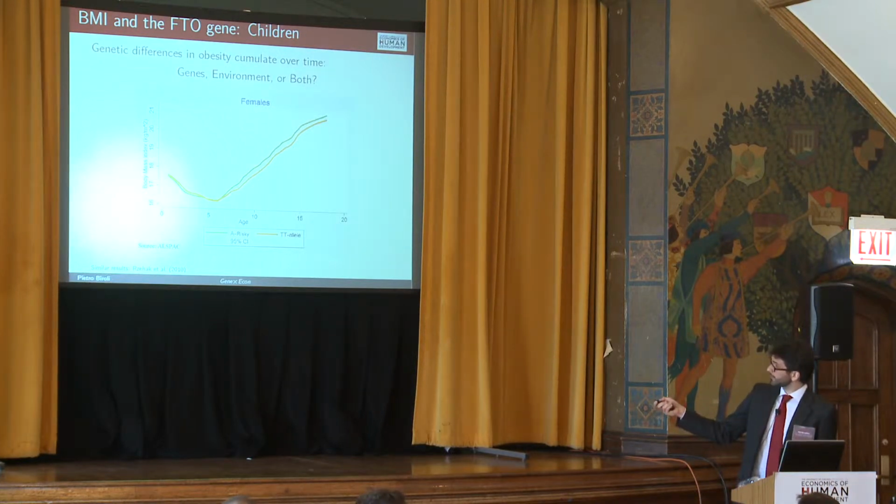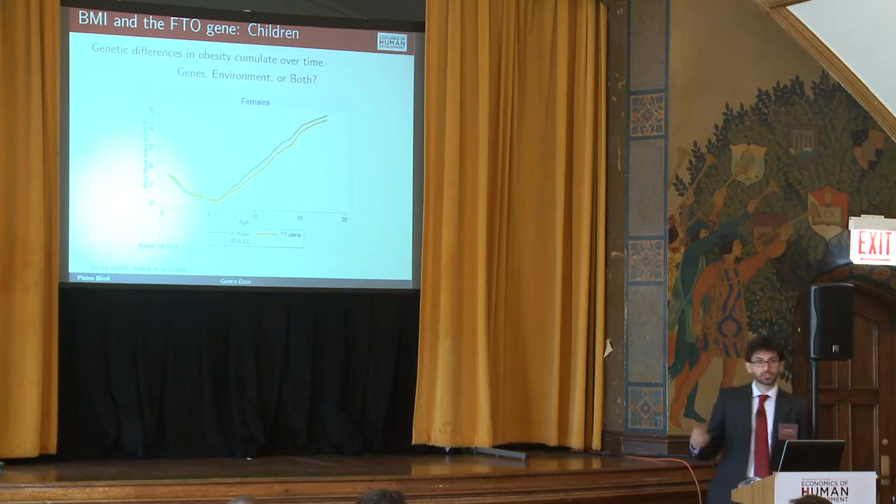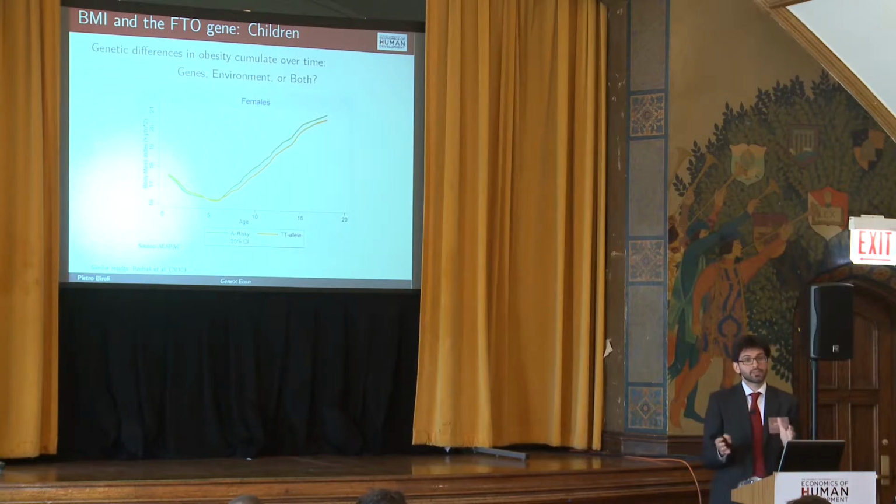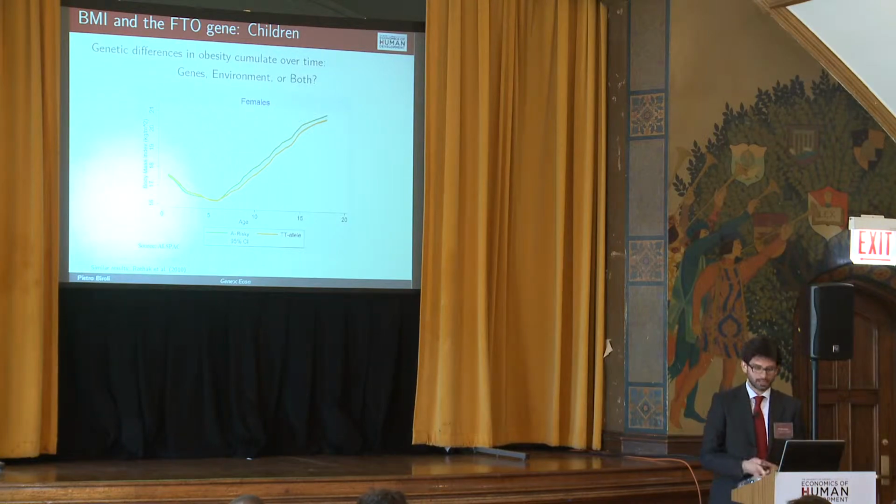After age 5, the average BMI of the children who have the A allele, the risky allele, tends to be higher than that of those who have the T allele. And this is consistent with the story that there are different investments that accumulate over the life cycle and develop into differences in BMI.